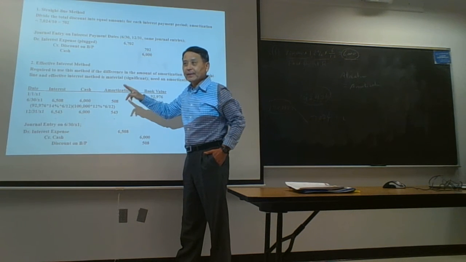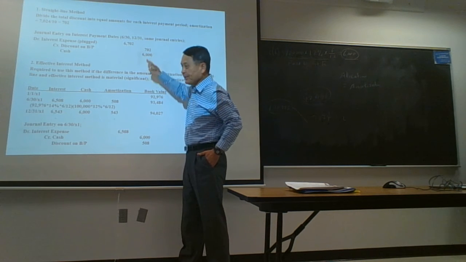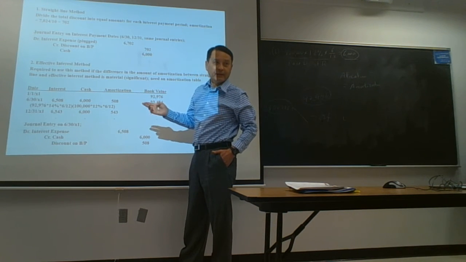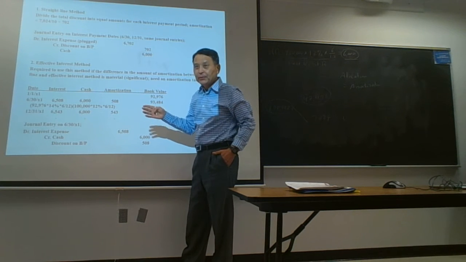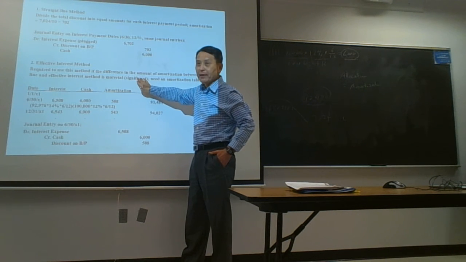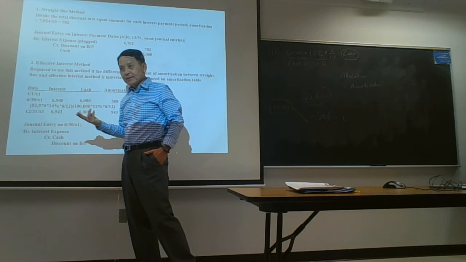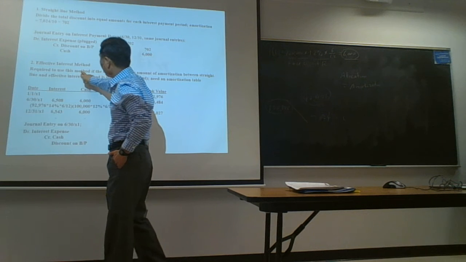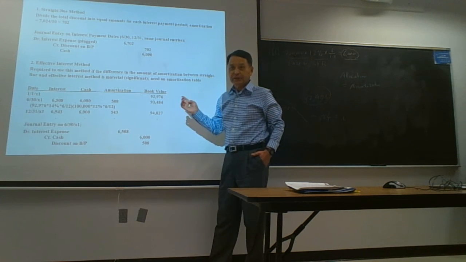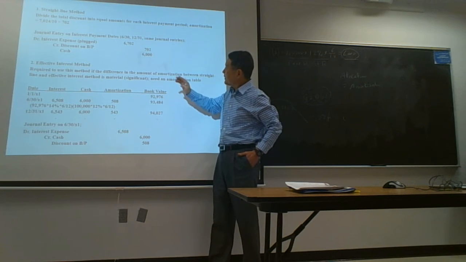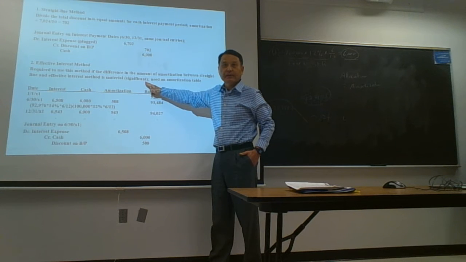And as a professional, if you think 702 is significantly different from 508 or 543, you have to use the effective interest method. As I mentioned over here, we, as accountants, are required to use the effective interest method if the difference in the amount of amortization between straight line and effective interest is significant, material.